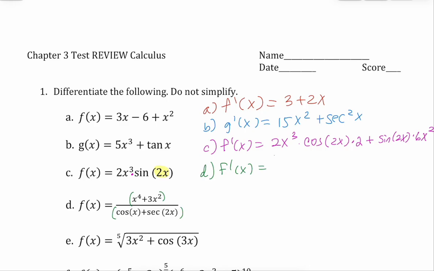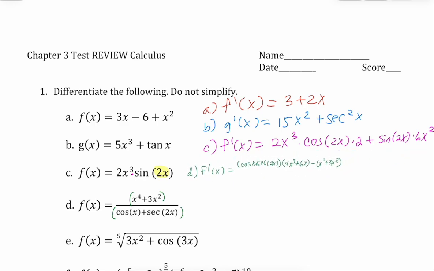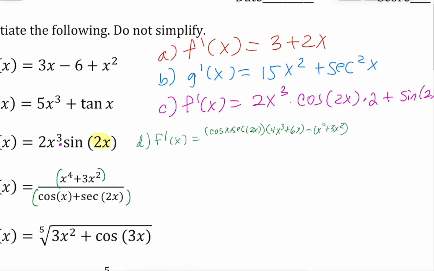So it is the bottom times the derivative of the top, which is 4x cubed plus 6x, minus the top. I am totally running out of room here. Let's condense that down a little bit. Times the derivative of the bottom.